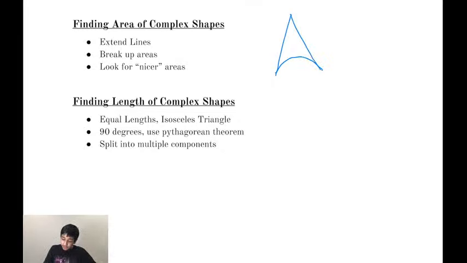The idea is to actually extend lines. When you extend lines, you can get different arcs to form, and you can subtract off those areas. So whenever you extend lines, it can always help, because if you have some shapes inside, when you extend the lines, now you have new shapes that you can sometimes subtract off.